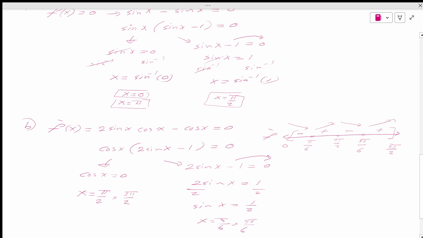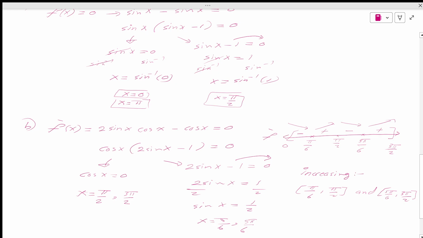The question is asking for the intervals of increasing. The intervals of increasing are pi over 6 to pi over 2 and 5 pi over 6 to 3 pi over 2. So on these two intervals, f is increasing.